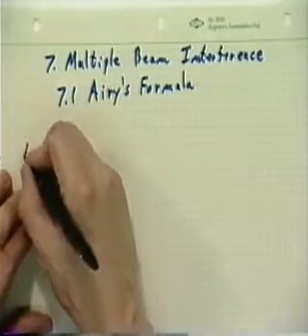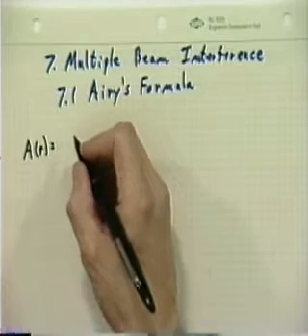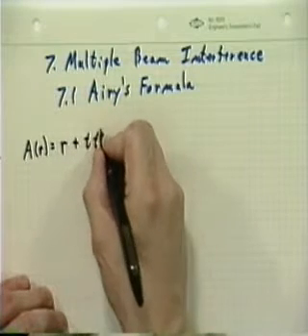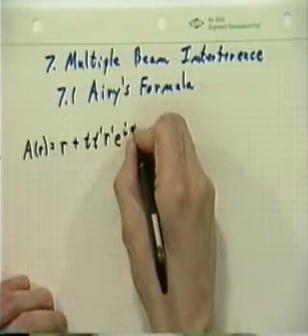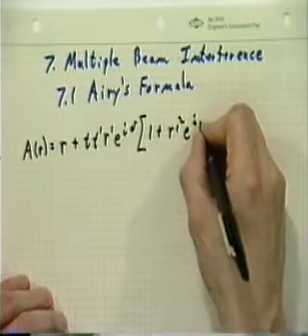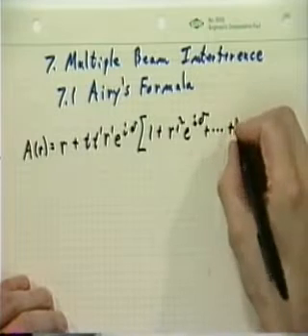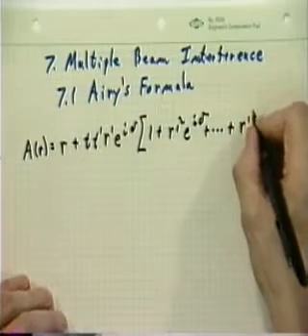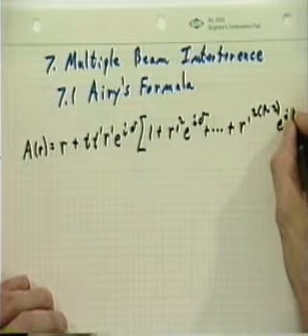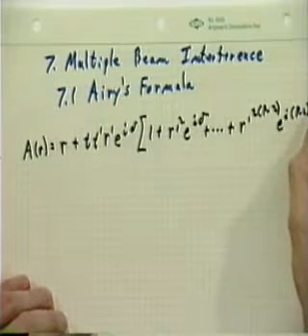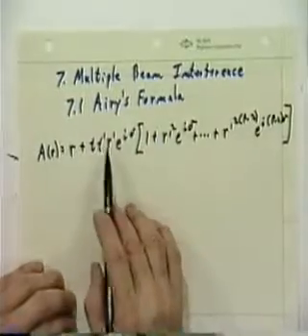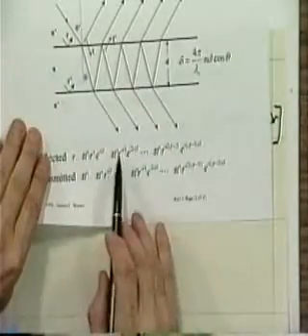And so we can say that the reflected beam amplitude is equal to r plus t prime r prime e to the i delta times 1 plus r prime squared e to the i delta plus so on out to r prime 2p minus 2 e to the i (p minus 2) delta, times whatever is incident, and let's say what's incident is 1.